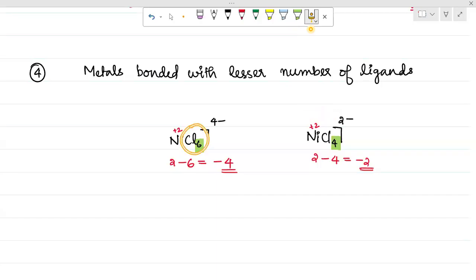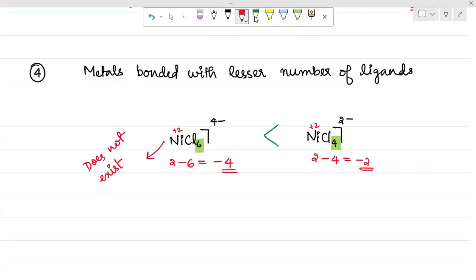While here there are 6 chlorides, and after the donation the electrons would accumulate at the nickel. So this is more stable. Actually, it's not about stability. This does not even exist. It is not at all stable.